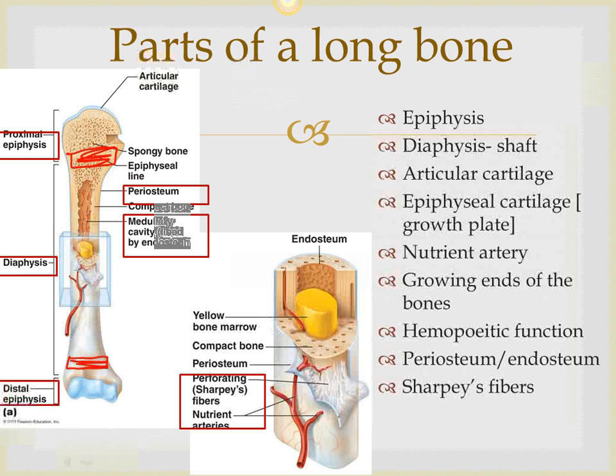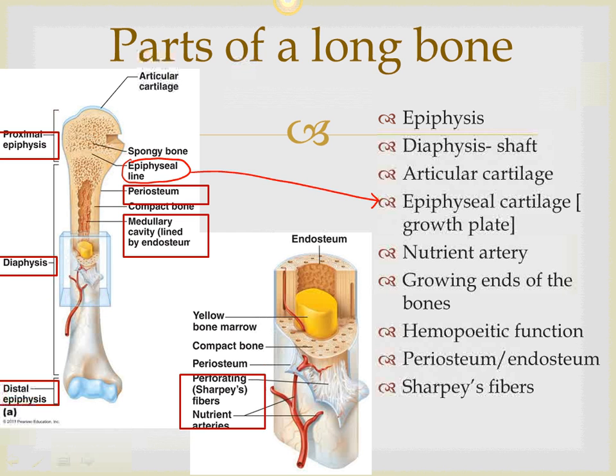When the person stops growing, this cartilage is actually then replaced. It's taken over by bone totally, and its replacement is what is called an epiphyseal line. So the epiphyseal line is where the epiphyseal cartilage used to be. Okay? So the epiphyseal cartilage is a growth cartilage which is hyaline in nature.